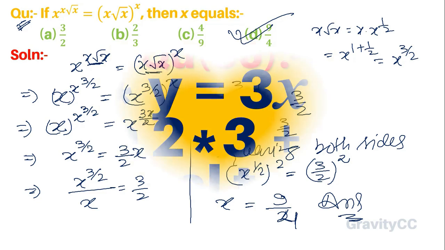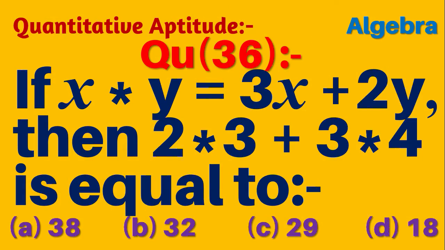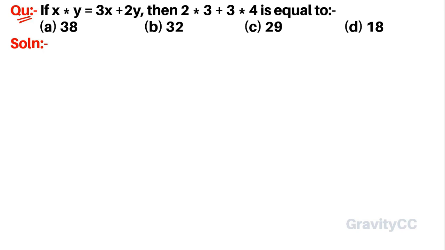If x asterisk y equals 3x plus 2y, then 2 asterisk 3 plus 3 asterisk 4 is equal to? So here it is given that x asterisk y is equal to 3x plus 2y.